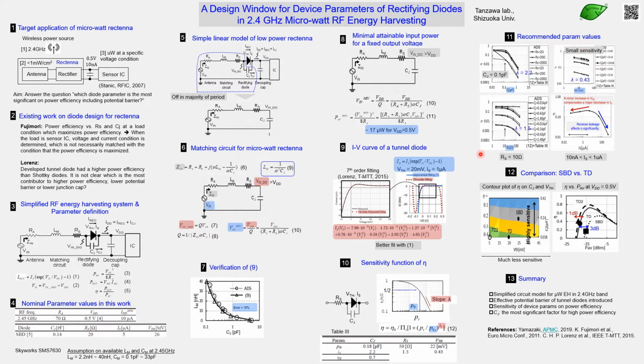These graphs show details. The y-axis is eta, and the x-axis is CJ, RS, VTH, and IS. There are several lines which have a very big discrepancy at a very extreme case, and so we get rid of that data.